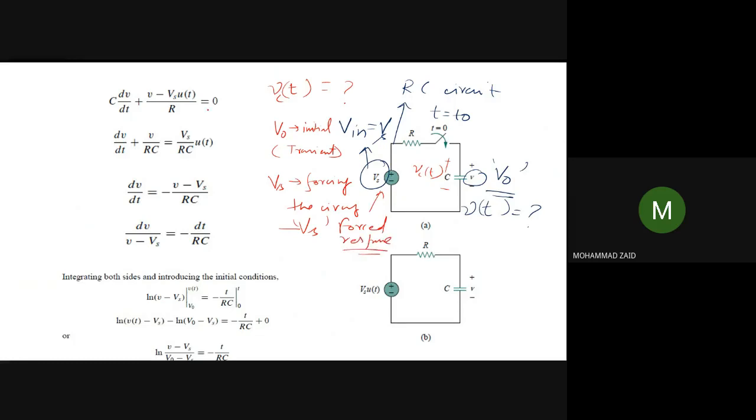Okay. So quickly we can write down the KCL. This is equation 1.